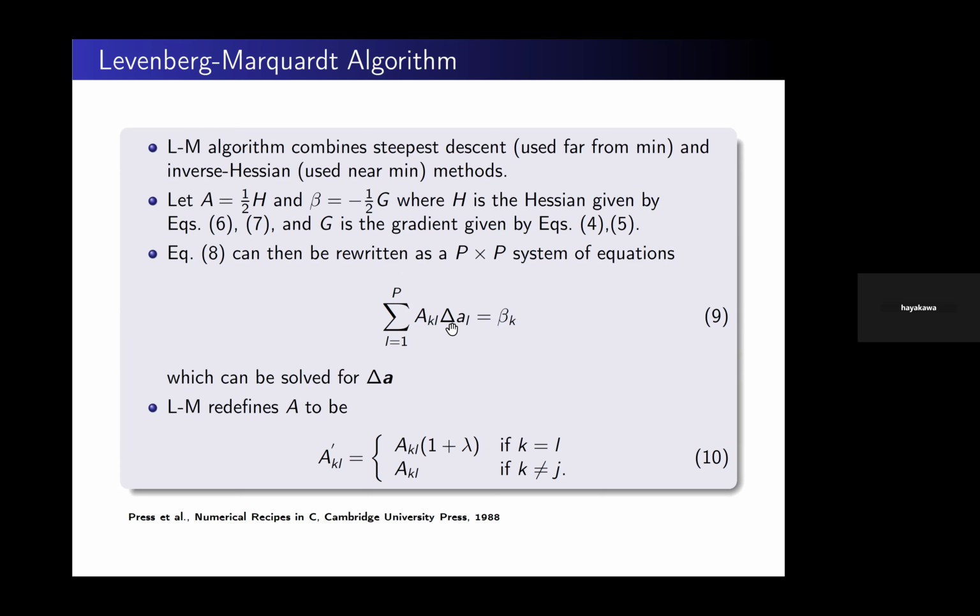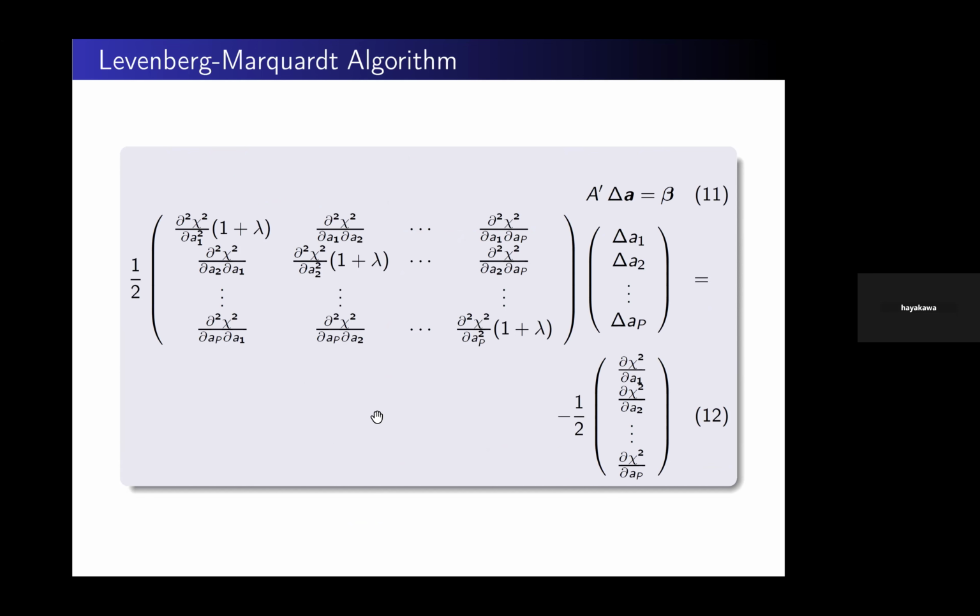And we're solving for this delta A. What the Levenberg-Marquardt does is it takes just the diagonal elements and multiplies them by 1 plus lambda. So here's what it looks like in matrix form. You've got these diagonal elements. They're the only ones that have this 1 plus lambda. This is your A prime, if you will, because we've changed A. We have our A's that we're solving for, and here's our B or beta.